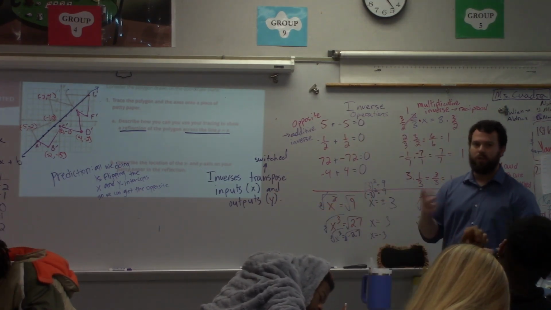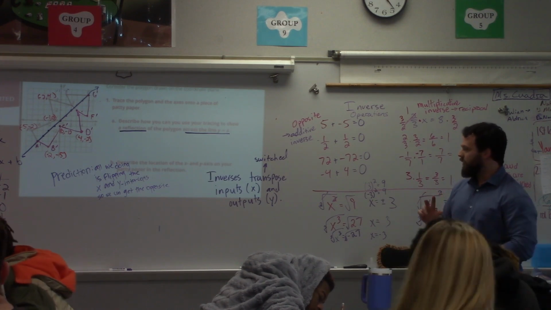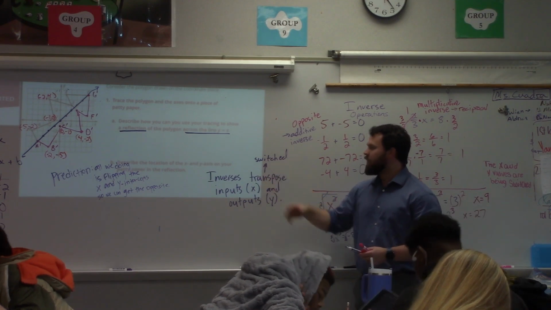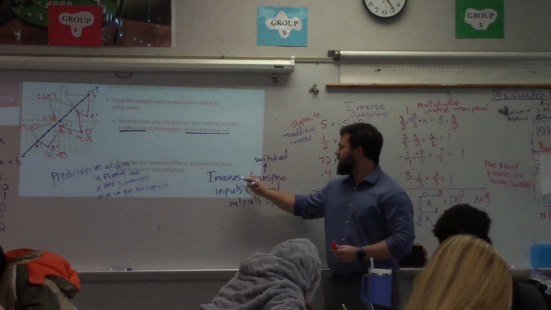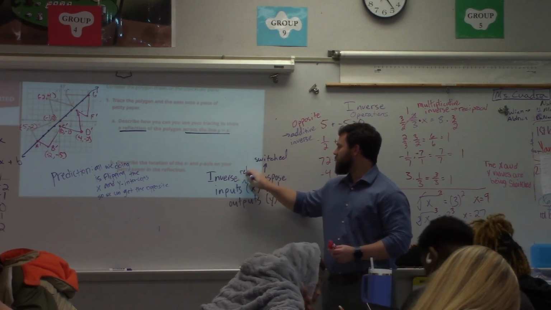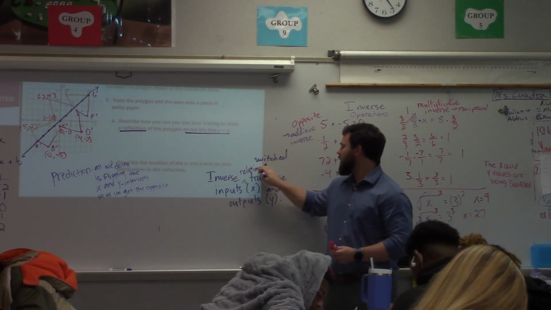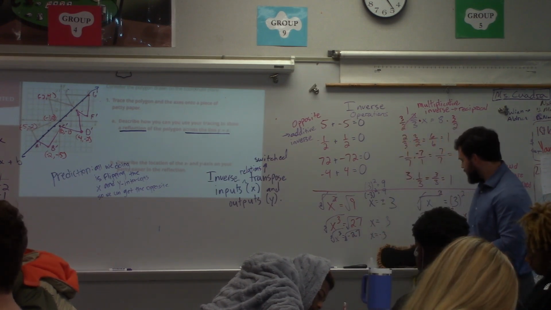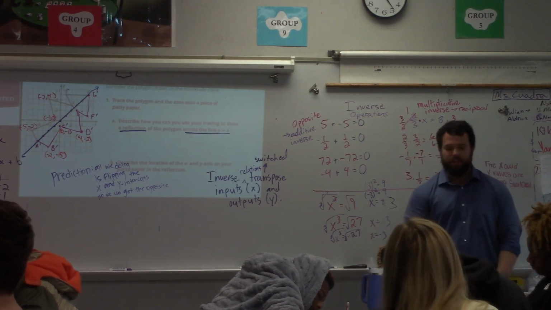The inputs and outputs are switched. They transpose. Inverses, both graphically and tabularly, and I should say inverse relations. We're going to talk about it functionally soon. But inverse relations just transpose inputs and outputs. After you have that written down on your sheet, you can head to lunch.